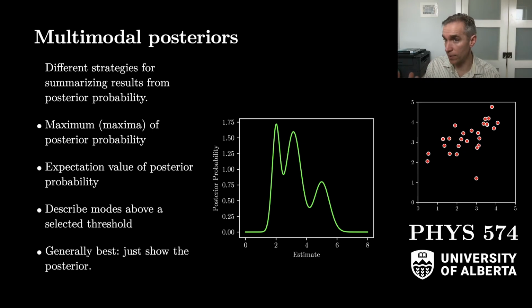You could just calculate the expectation value of this whole distribution, finding it's actually not very likely, but it's somewhere around 4, but it may actually represent the center of the distribution well, and that may be what's suitable for your results. You can also draw a threshold and identify the region above that probability threshold and then describe its associated width.